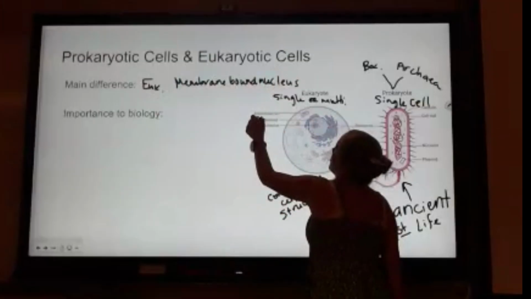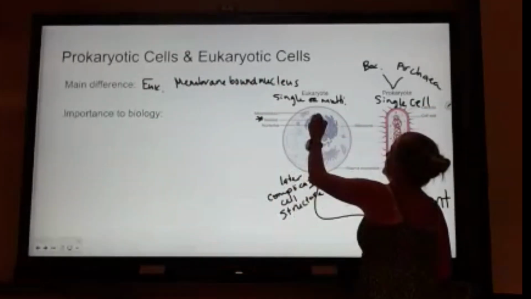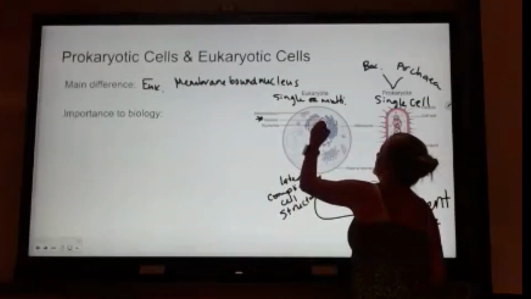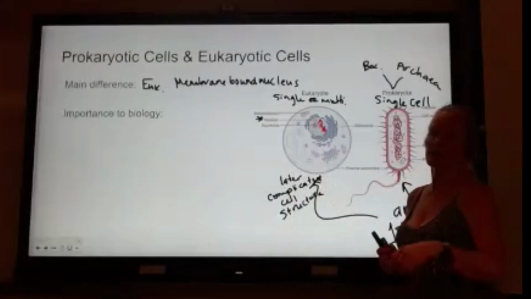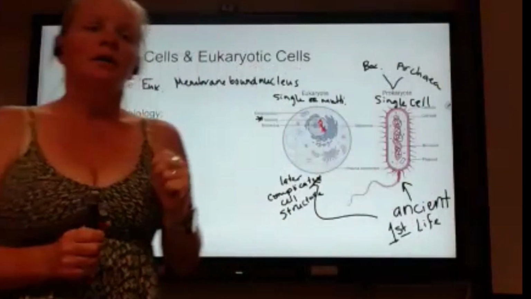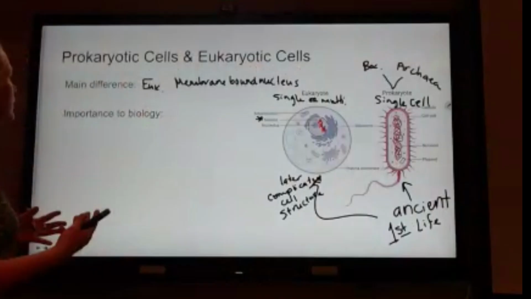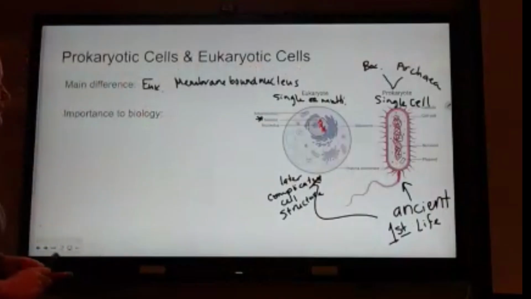So that means that their DNA is stored in an organelle that has not one, but two phospholipid bilayers that's protecting the DNA, controlling what is entering the nucleus, what's exiting the nucleus, and all that stuff. So later on in the semester, we'll talk a lot more about the nucleus when we get to the DNA chapters.